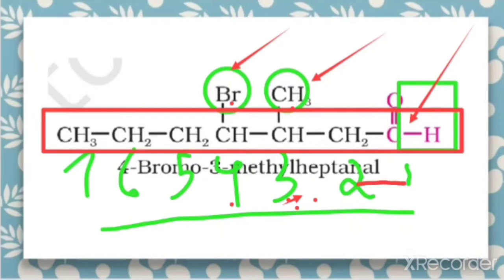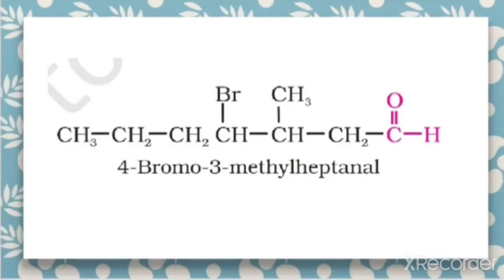So the name for this compound is 4-bromo 3-methyl heptanal. Here we have to give importance to the functional group, so the counting should start from here, even though the substituents are closer or farther, still we have to give the counting from the functional group.